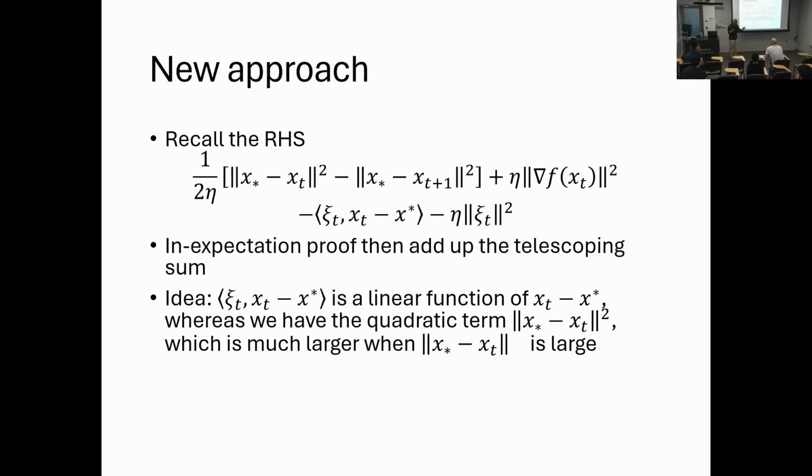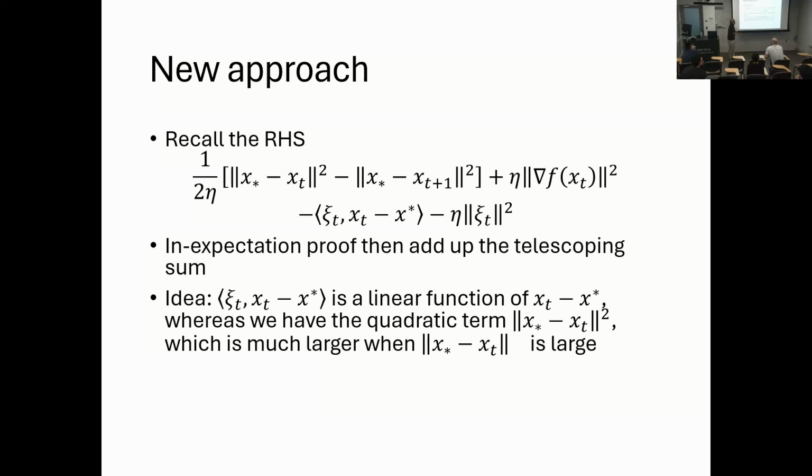So intuitively, if this distance is really big, we're going to have a linear term that could be big, but we'll have a quadratic term that is even bigger. So we can use the quadratic term to bound the linear term.